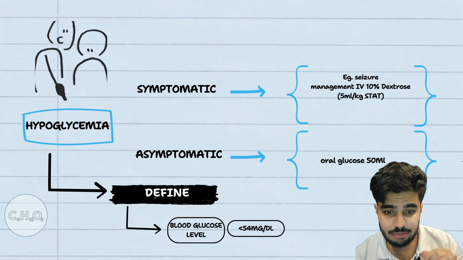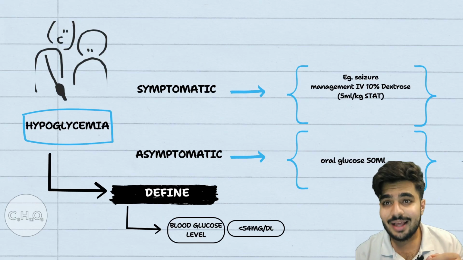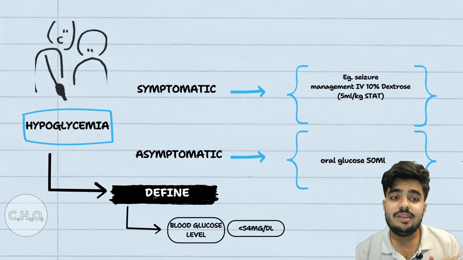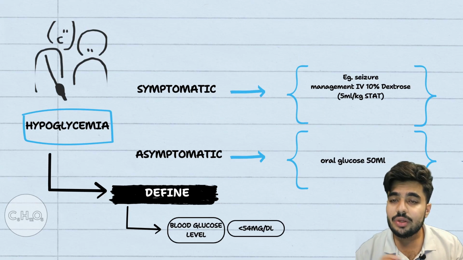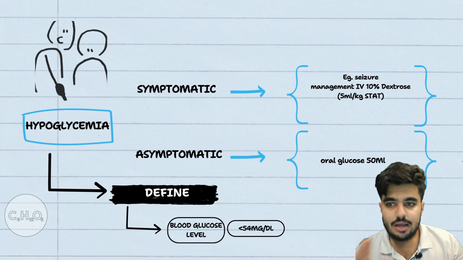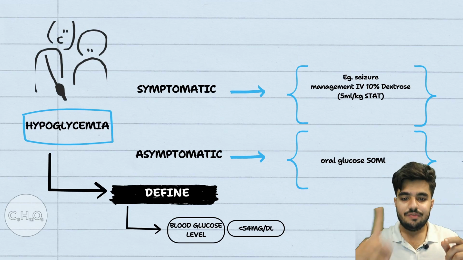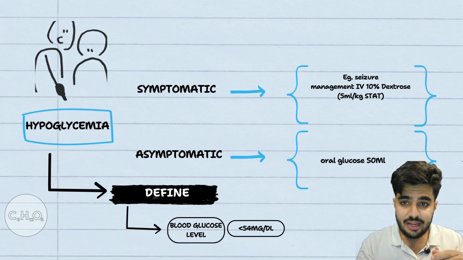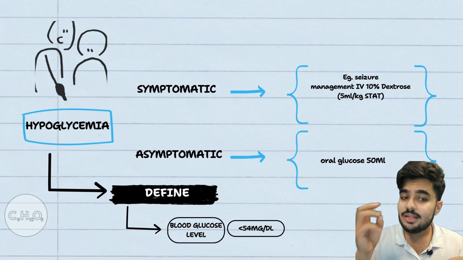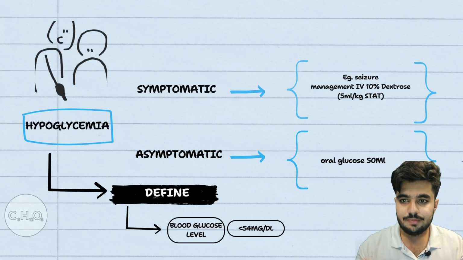If there are any symptoms like seizure, we give IV 10% dextrose. If it is an asymptomatic patient, we give oral glucose 50 ml. Hypoglycemia understood. First, we check the glucose, if it is less than 54 mg per dL, and if there are any symptoms, we give IV. If there are no symptoms, we give oral glucose.